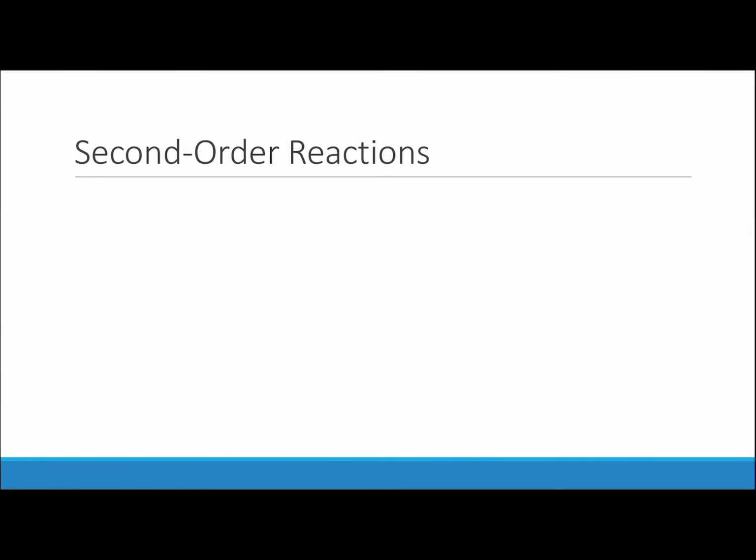Okay, I'm going to go a little quicker through the rest of this because it's just looking at the equations for second order and then zeroth order. So if we have a second order reaction, we have a reaction whose rate depends on the concentration of one reactant squared or two reactants, which we will not look at.